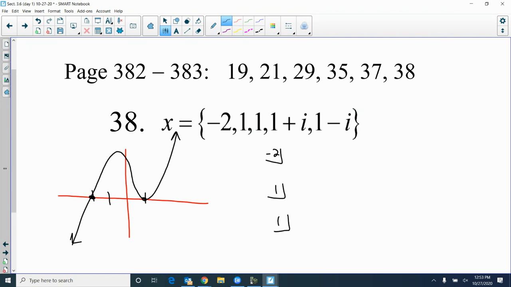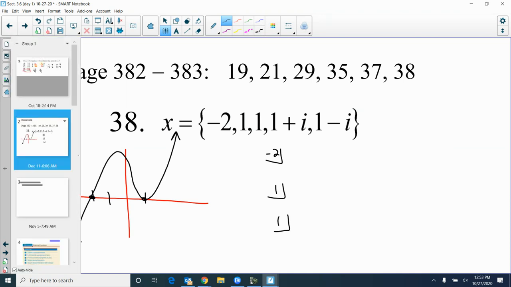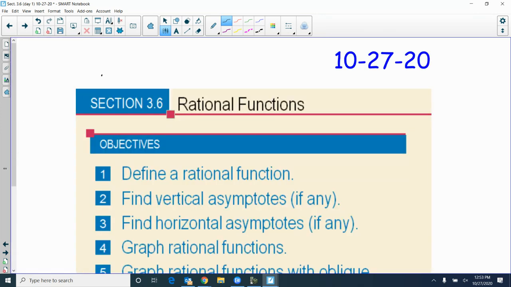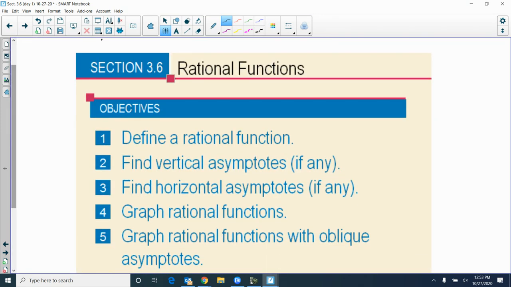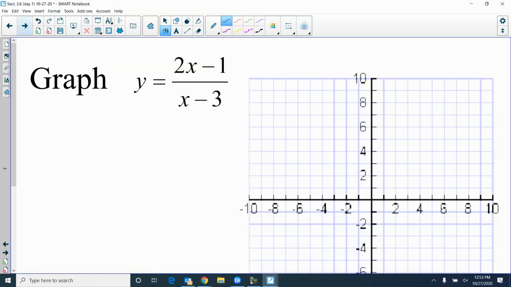All right. Anything else? All right. We're going to go over section 3.6. I'm going to have guided notes here for you in a second. We're going to talk about rational functions, some vertical asymptotes, and some horizontal asymptotes. But before we do that, I want you to graph this equation without just graphing it on your calculator.